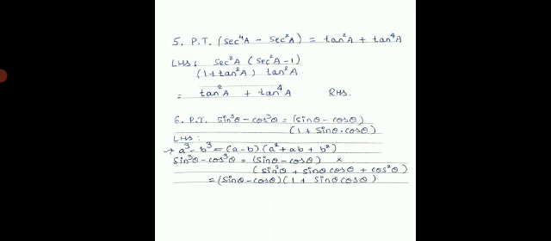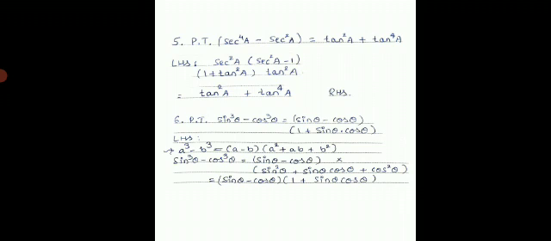So we get sin cube of theta minus cos cube of theta can be expanded as sin of theta minus cos of theta. Just substitute their values according to the formula. You get sin theta minus cos theta into the second bracket a square. Here compare a with sin theta, b with cos theta.